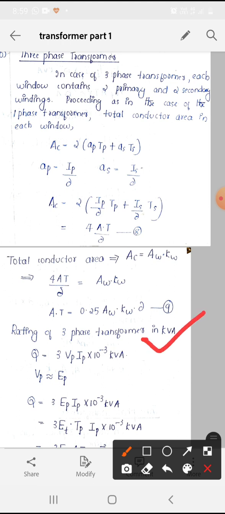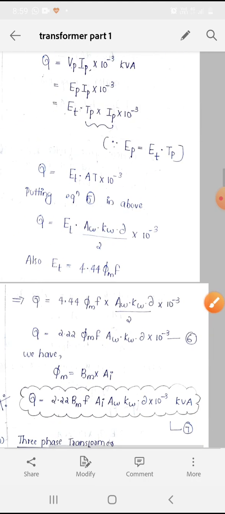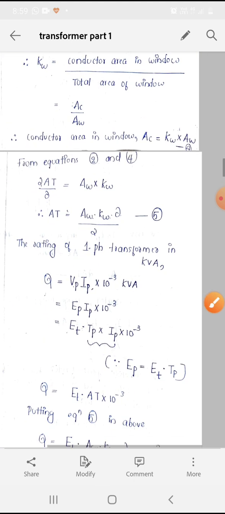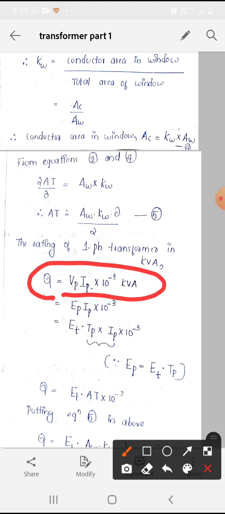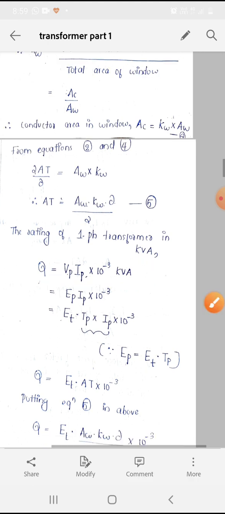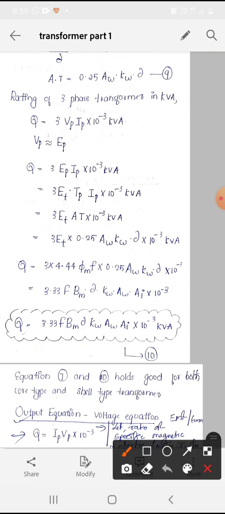For a three phase transformer, the equation is 3 into Vp Ip into 10 raised to minus 3 kVA. Whereas for a single phase transformer, what was the equation? For a single phase transformer, the rating in kVA is given as Q is equal to Vp Ip into 10 raised to minus 3 kVA. For three phase, it is equal to 3 Vp Ip into 10 raised to minus 3 kVA. So, we will get the final equation as Q is equal to 3.33.